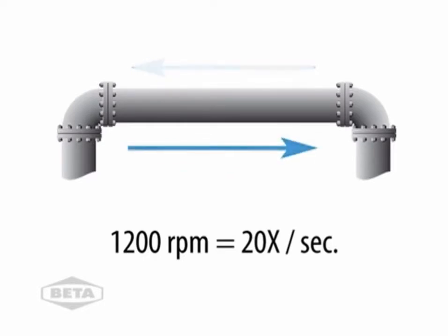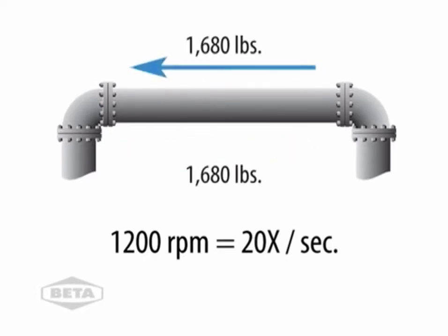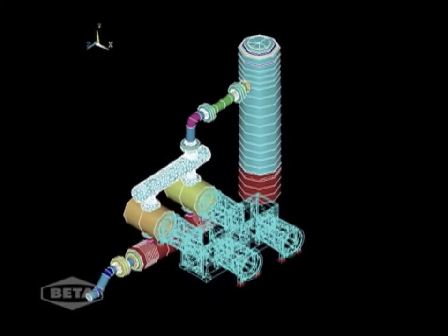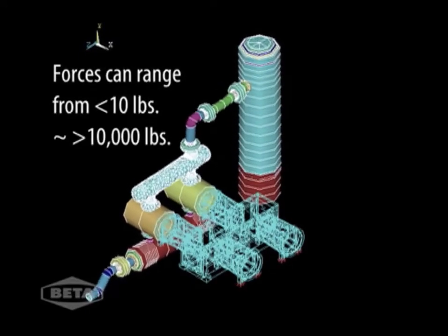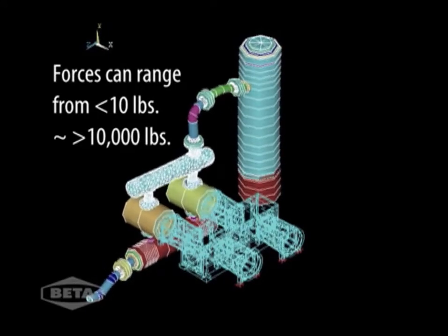This means the unbalanced force of over 1,600 pounds is shaking back and forth at 20 times a second. This puts extreme stress on clamps, bolts, and sleepers, trying to hold the pipe in place. Forces from pulsations can range from less than 10 pounds to over 10,000 pounds.